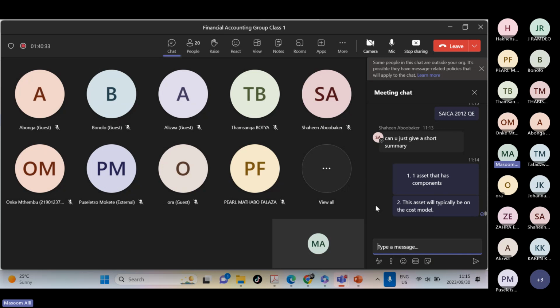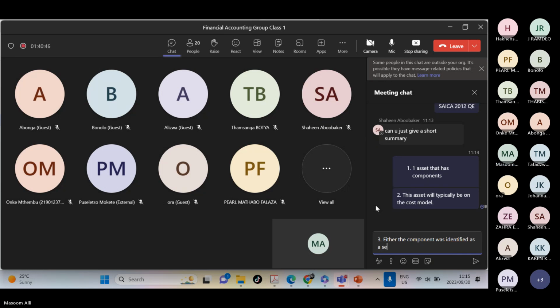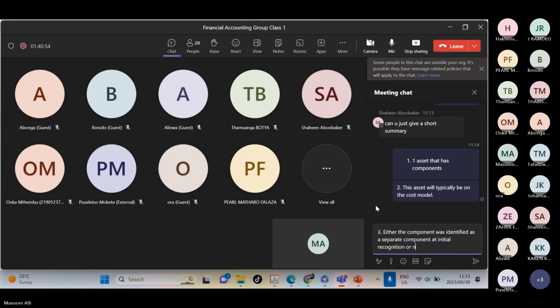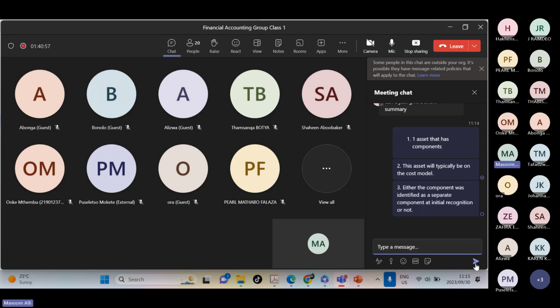Then the third thing is that either the component was identified as a separate component or it wasn't.